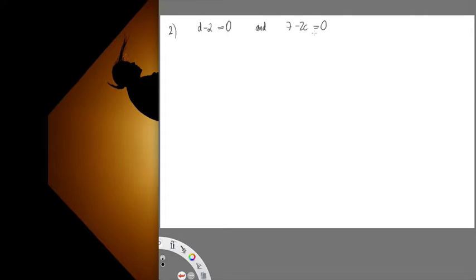Did I discuss my d minus 2 not equal to 0? Oh, we'll get to all of the cases. Okay, flip things a little. d minus 2 is equal to 0 and 7 minus 2c. Then I have this second equation, 0 equals 0. So it doesn't limit my system.